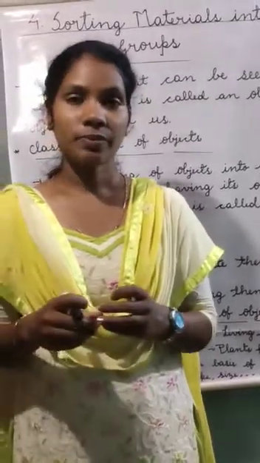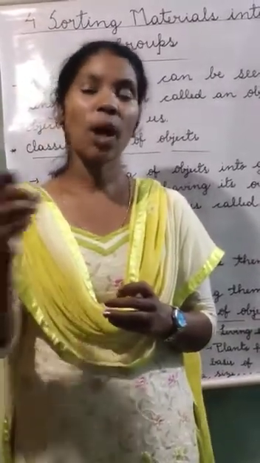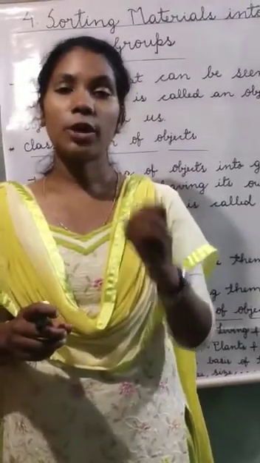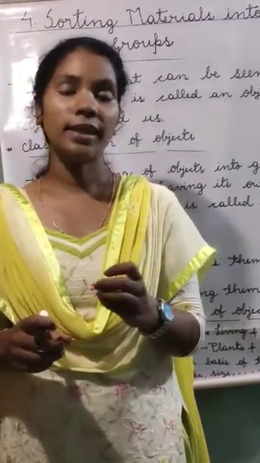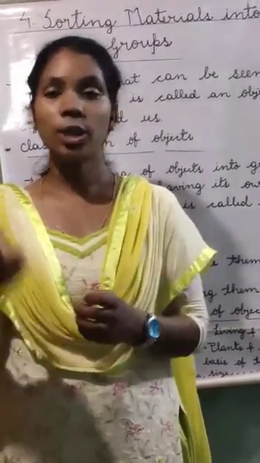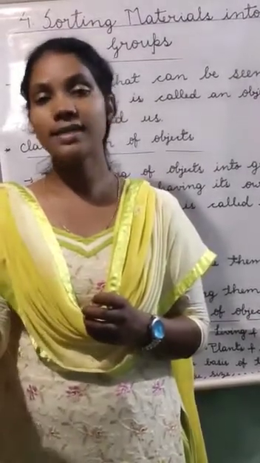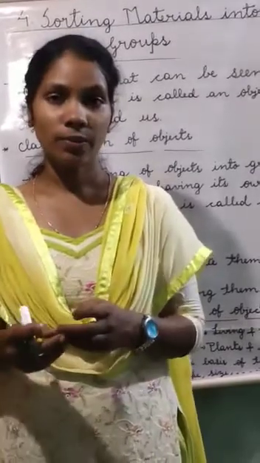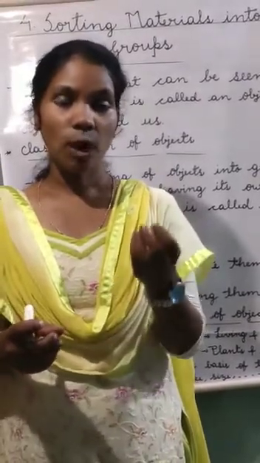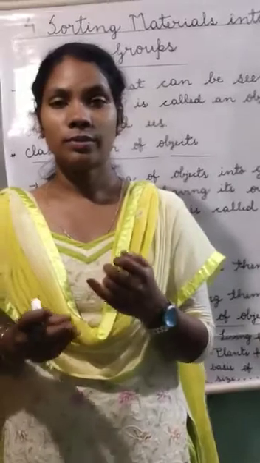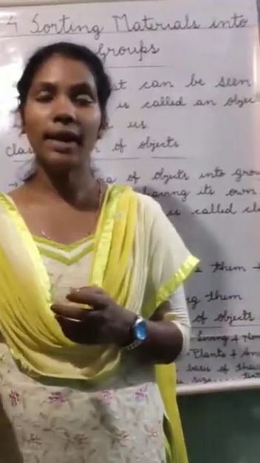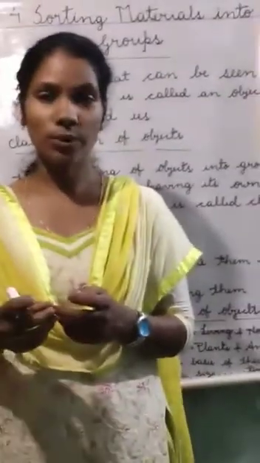Next we'll see classification of non-living objects. The classification of non-living objects is based on their nature of material, use, shape, size, color, appearance, hardness and texture. For example, objects made of wood: they are table, chair, bed, doors and so on.